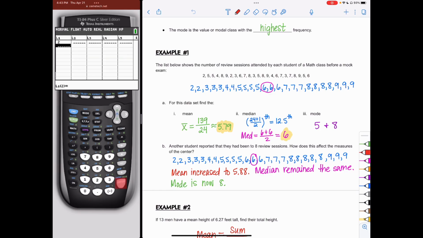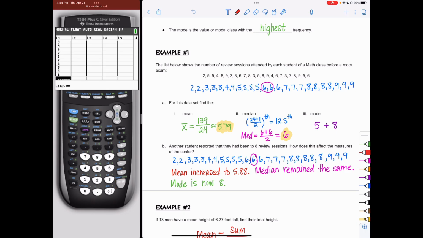So I have 2, 5, 5, 4, 8, 9, 2, 3, 6, 7, 8, 3, 5, 8, 9, 4, 6, 7, 3, 7, 8, 9, 5, and 6.